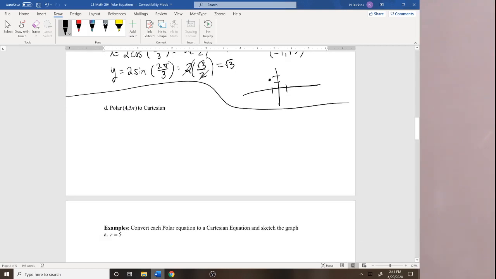All right, let's try this one. So x equals r cosine of 3 pi, y equals 4 sine 3 pi. So cosine of 3 pi is going to be negative 1, and sine of 3 pi is going to be 0.